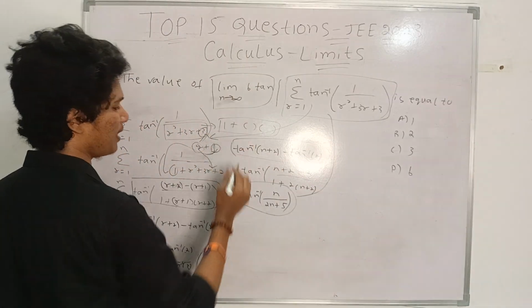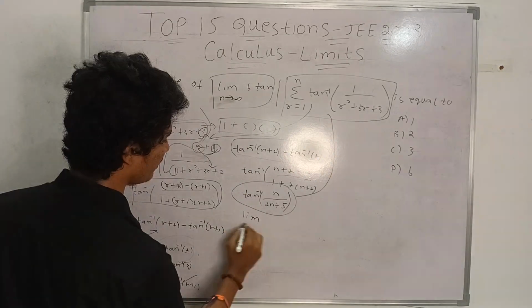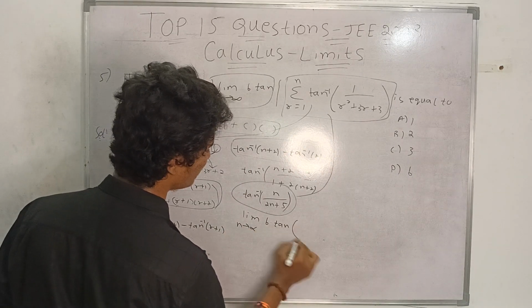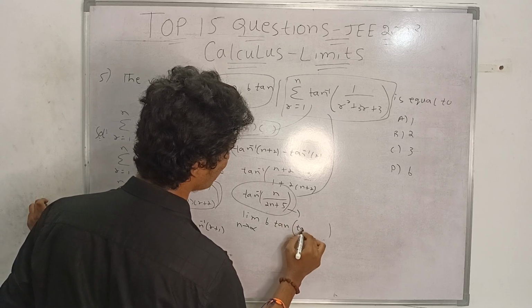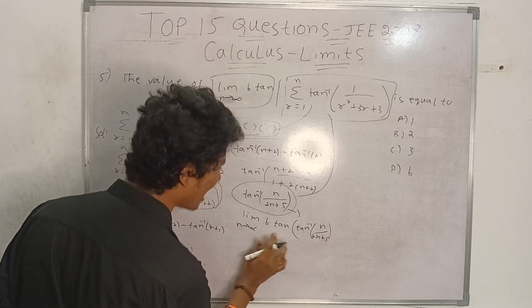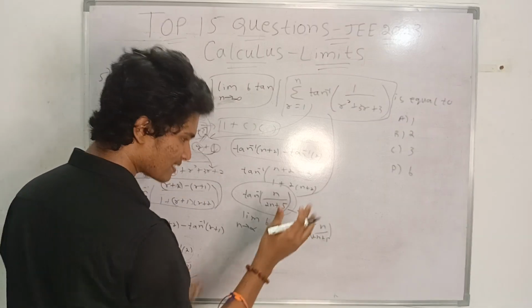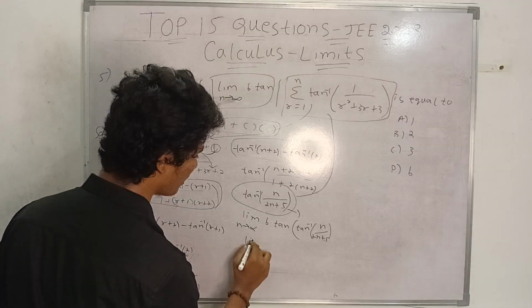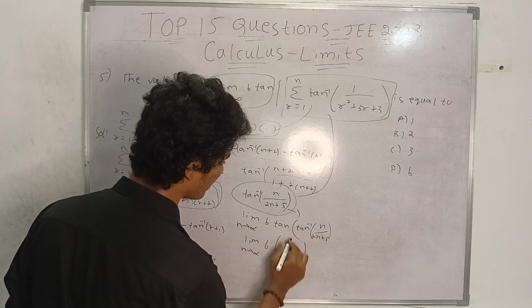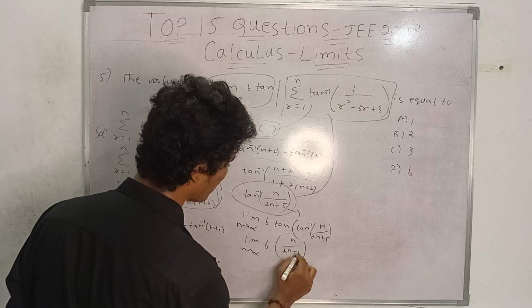Now we are solving the limit part. That is, limit n tending to infinity 6 into tan of tan inverse of n divided by 2n plus 5. Tan of tan inverse will get cancelled, and finally it will become limit n tending to infinity 6 into n divided by 2n plus 5.